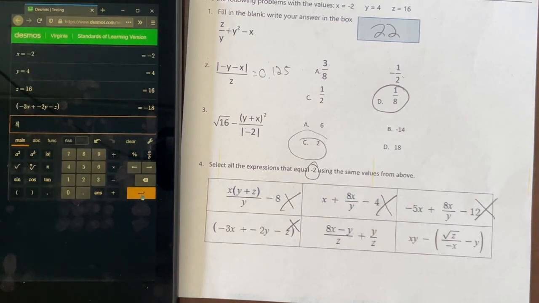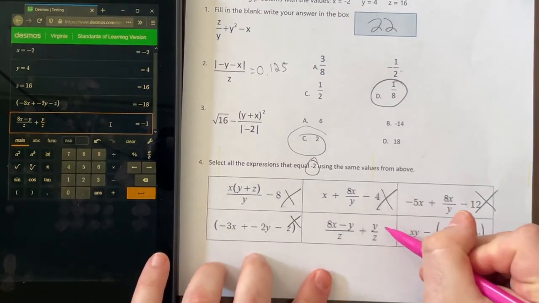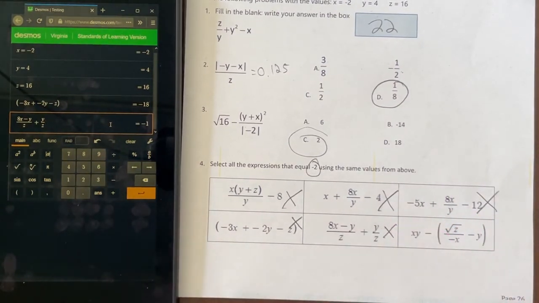What about 8x minus y? And then I have all of this, so I can highlight that and say, all right, I want to divide that by z. And I have plus y over z. That's negative 1, so that doesn't work either. Oh man, this is not looking good for us. How about that last one?